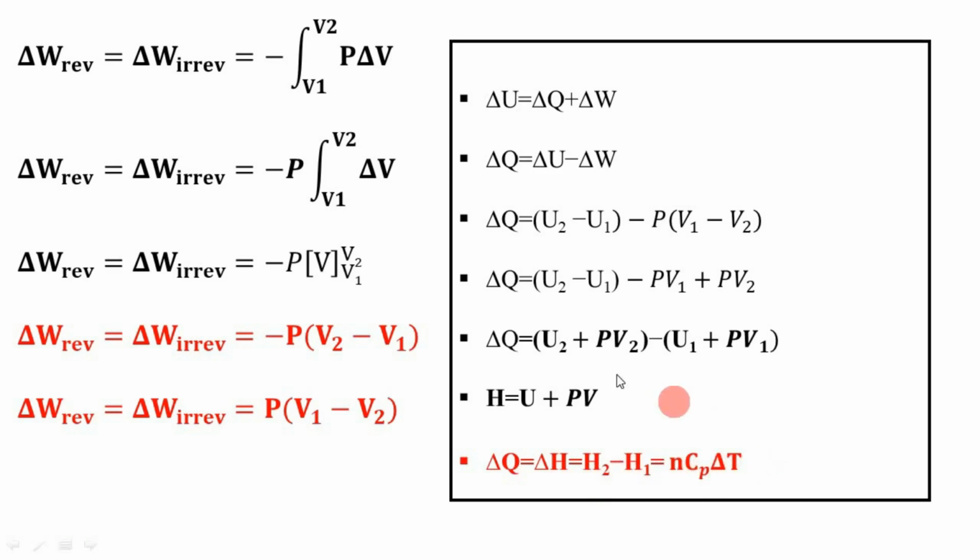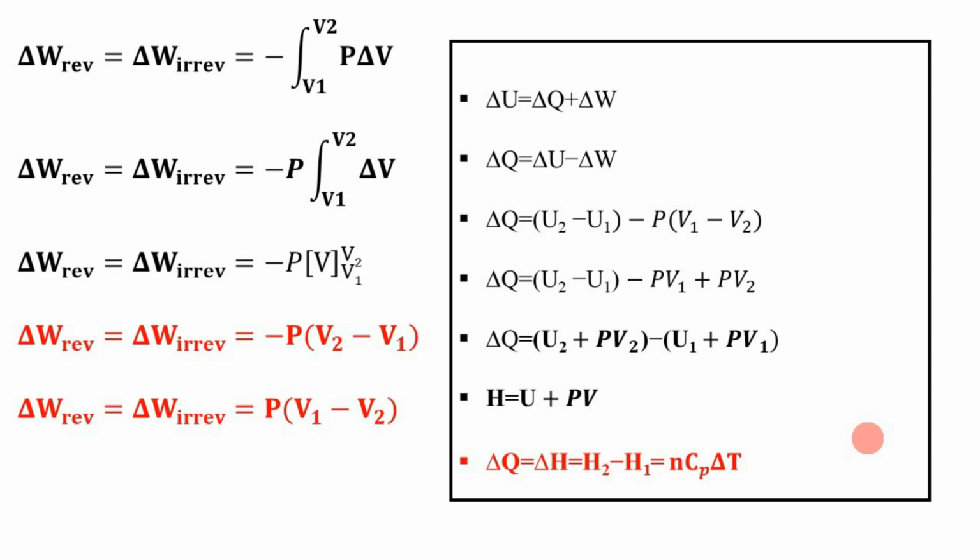That means the heat is equal to the change in enthalpy, equal to nCp dT, with Cp because we have constant pressure. That is how you can calculate the heat, the work done, and also the internal energy for a system at constant pressure, or an isobaric process.